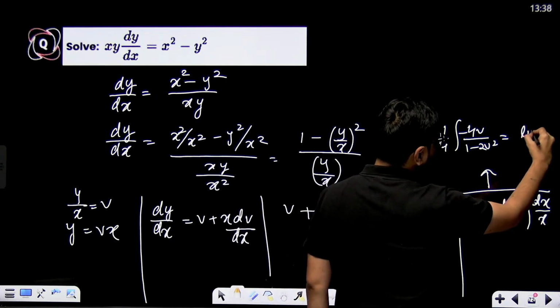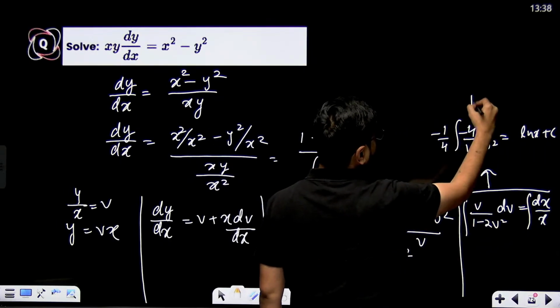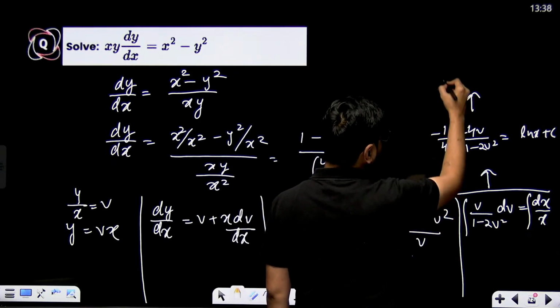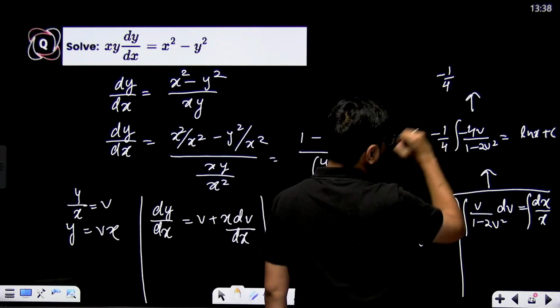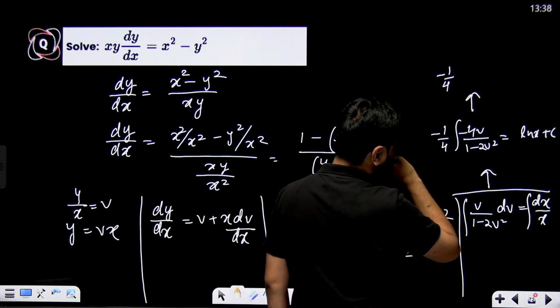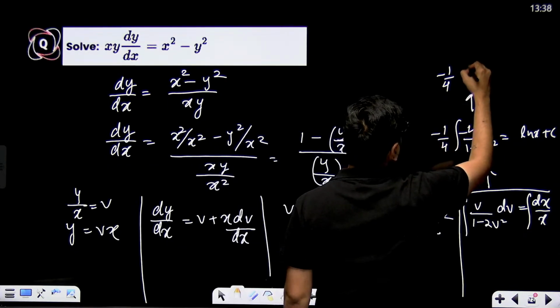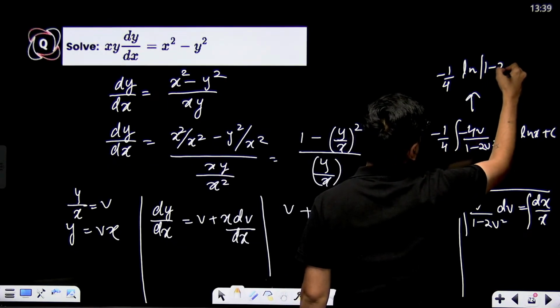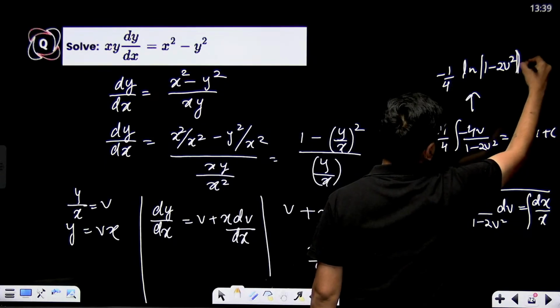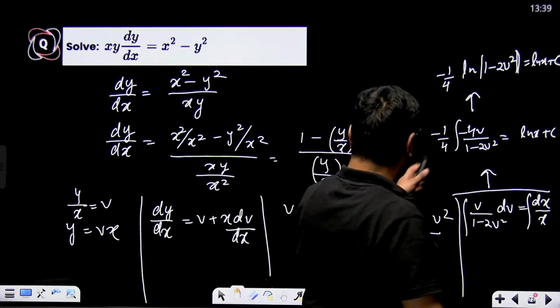So this will be just ln x plus c, and then this will also become 1 by 4 ln of 1 minus 2v square, and this side will have ln x plus c. Just substitute v back again and you'll get your answer.